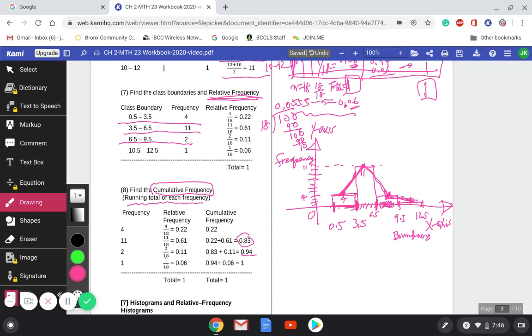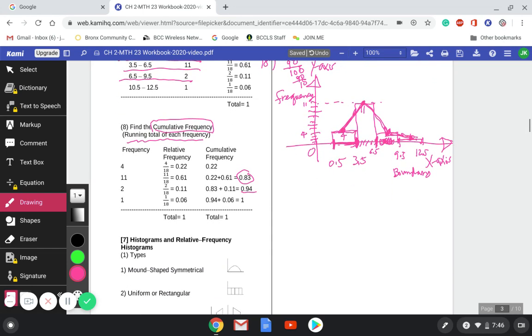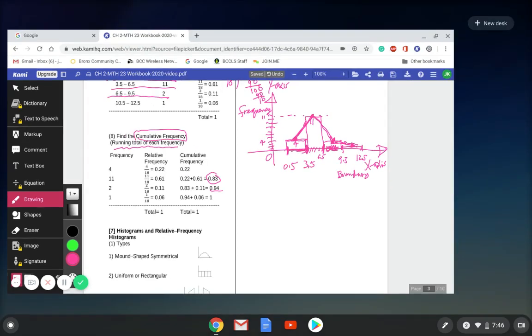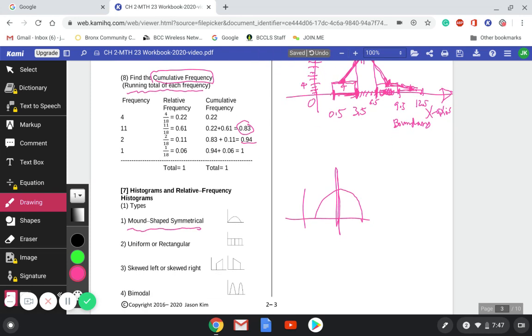Based on this histogram, if I connect all relative frequencies, I can see the shape is mound shaped or symmetric, which means it's a mirror image. Or sometimes it's flat.